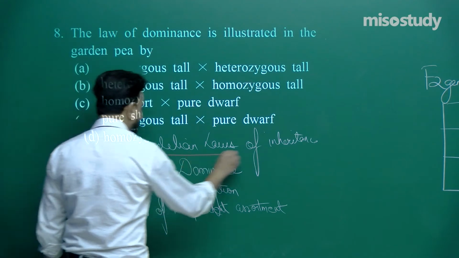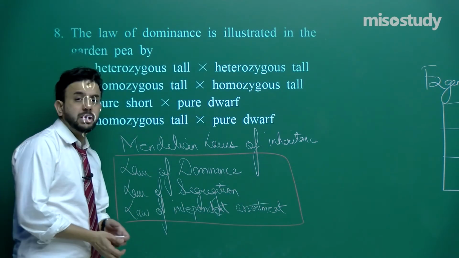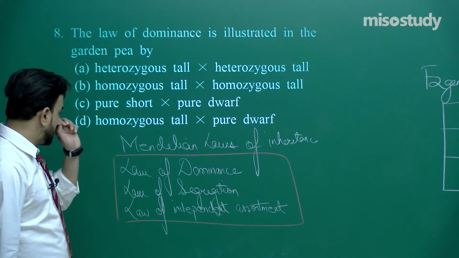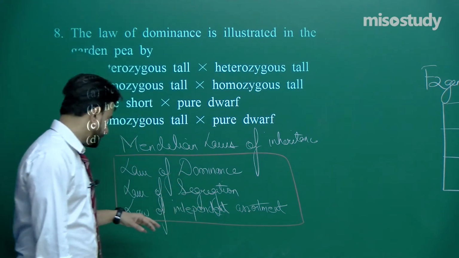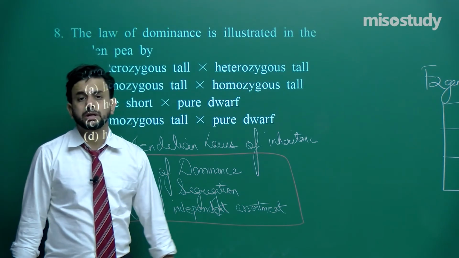So these are the three laws given in Mendel's laws of inheritance: the law of dominance, the law of segregation, and the law of independent assortment.